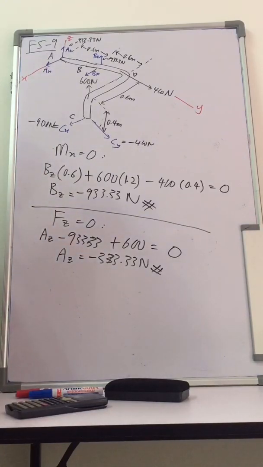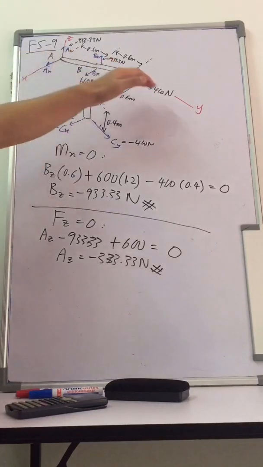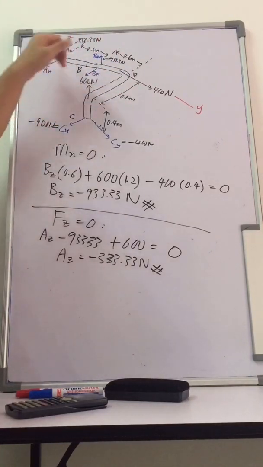Okay, next, we want to find AX and BX. So you can do moment about, what else? MX. Okay, we have done MY, MX, and MZ.